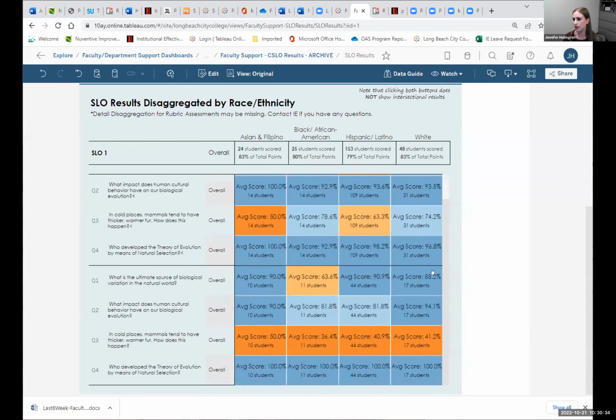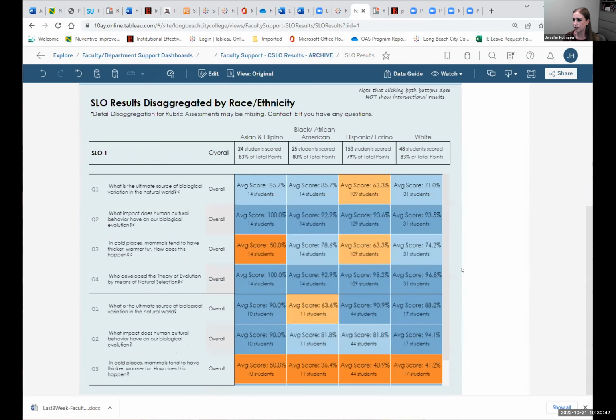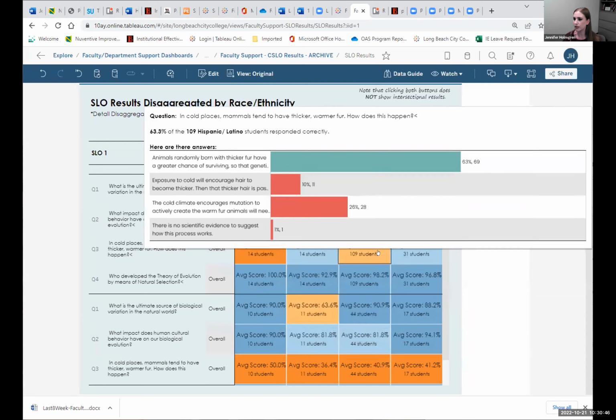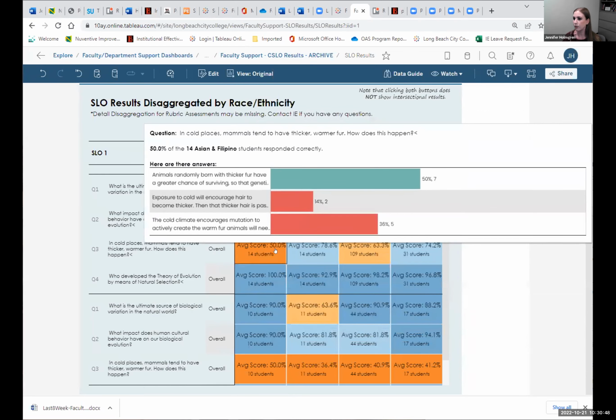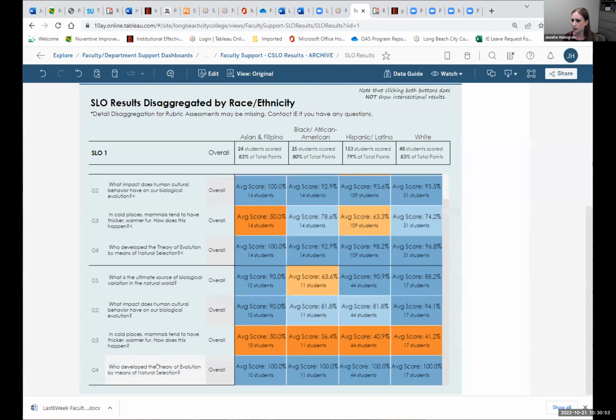And I'm just going to focus in on race, ethnicity right now, and we can see kind of where some of these equity gaps may lie, especially in relation to question 1 and question 3 with our Latinx students and our Asian and Filipino students. We are still working out a few kinks in this dashboard, so it's kind of duplicating the questions here for different semesters.